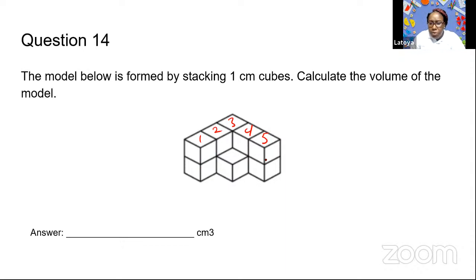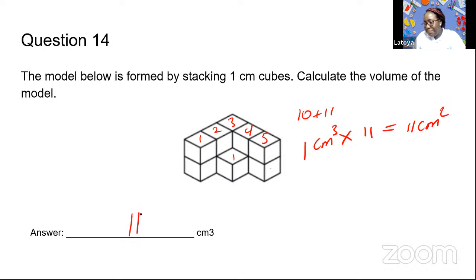We have 5 cubes under, so that's 10 that is stacked. And we have an extra cube here, making it 11. So 1 centimeter cube multiplied by 11 is going to give me 11 centimeters cube. And that is my answer. Very easy.